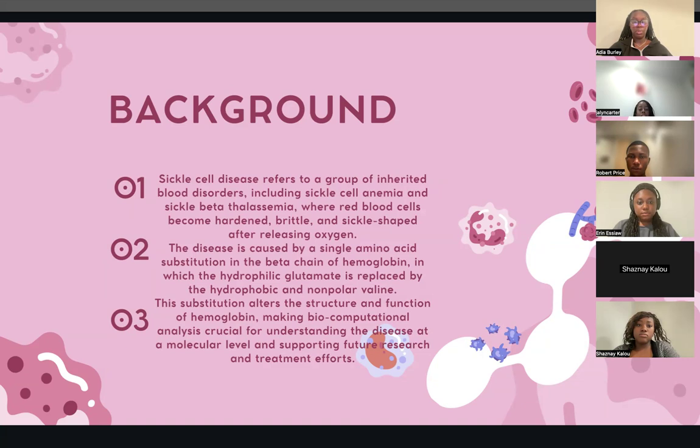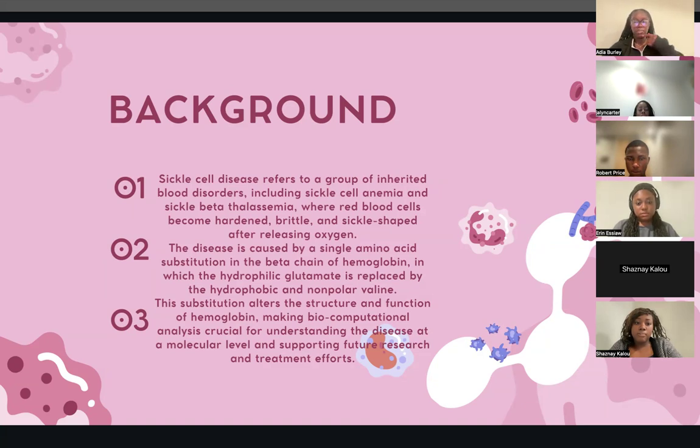The abnormal shape arises due to a single amino acid substitution in the beta chain of the hemoglobin protein, where a hydrophilic glutamate residue is replaced by a hydrophobic valine residue at the sixth position. The substitution causes hemoglobin molecules to aggregate, distorting red blood cells and impairing their function.